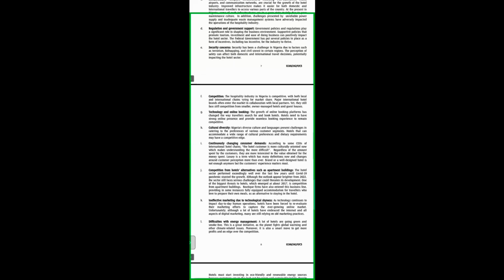Security concerns. Security has been a challenge in Nigeria due to factors such as terrorism, kidnapping, and civil unrest in certain regions. The perception of safety can affect both domestic and international travel decisions, potentially impacting the hotel sector.